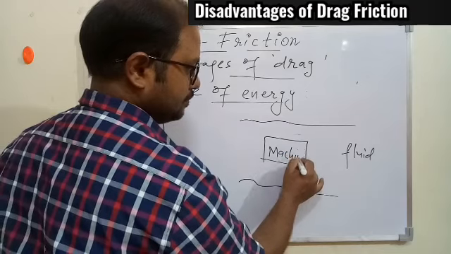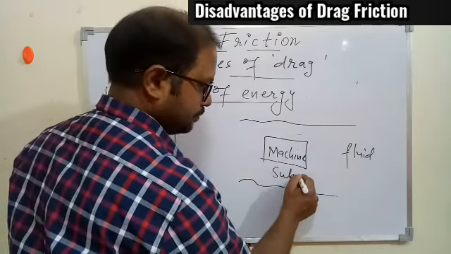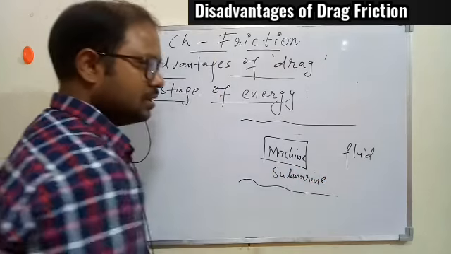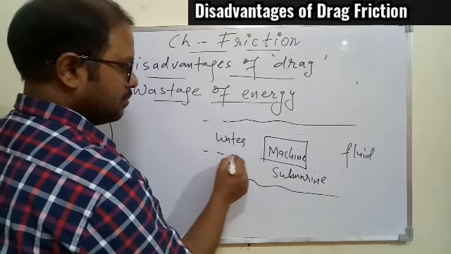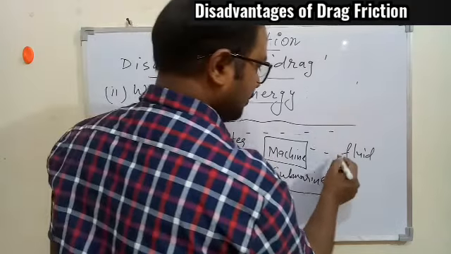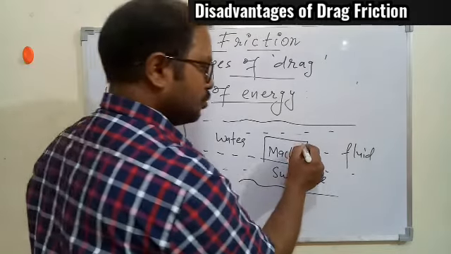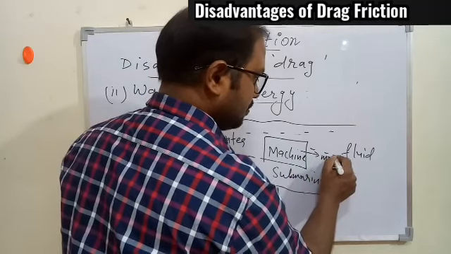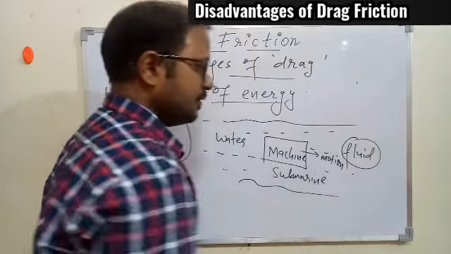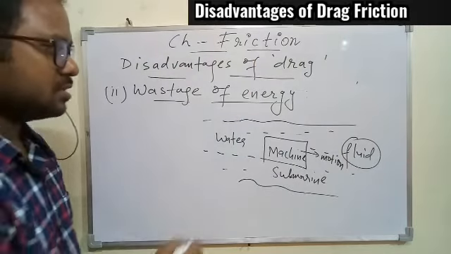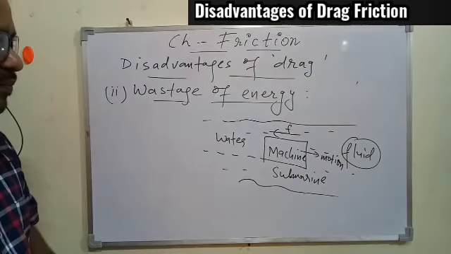Now we have a machine, like a submarine, within the water. Just imagine we have the water, and within the water we have the submarine, which is nothing but a machine, and it is moving in a particular direction, so it will have some motion. So this is the fluid and it is having a motion in one direction, and it will get the friction drag in the opposite direction.